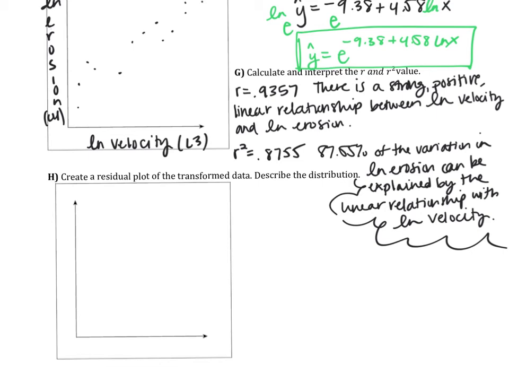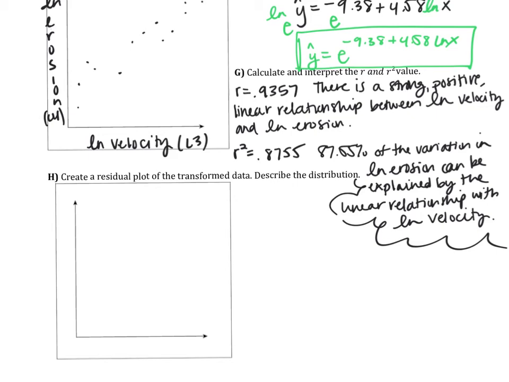So I'm going to take my equation, e to the negative 9.38 plus 4.58 natural log of list 1. And I'm going to plug every single x value into this equation. Be really careful with your parentheses here. You want to make sure that you place parentheses around the entire exponent so that we don't get any kind of miscalculations.